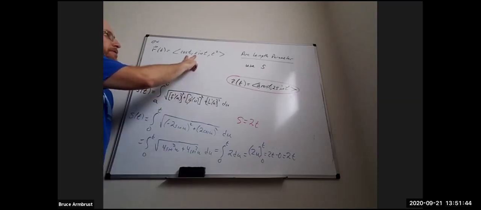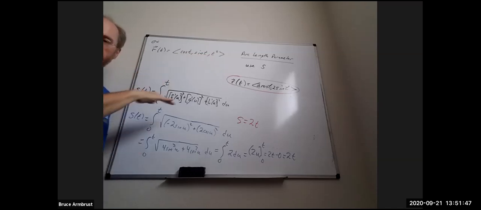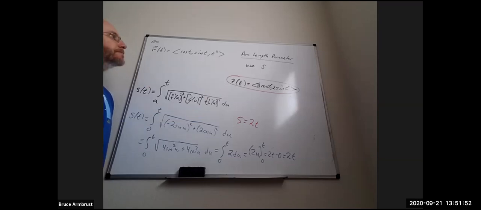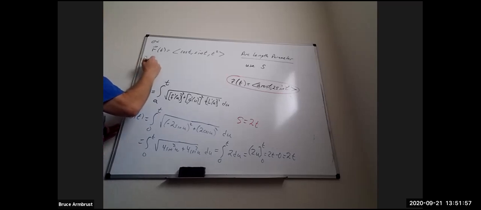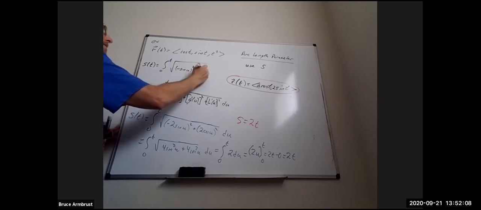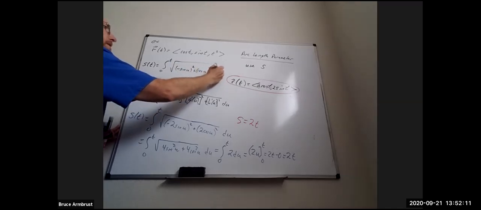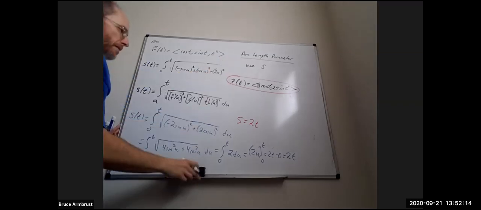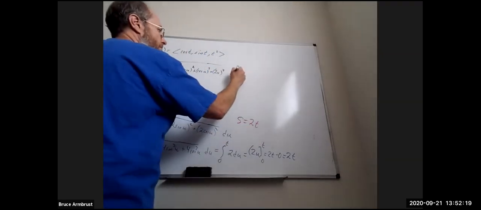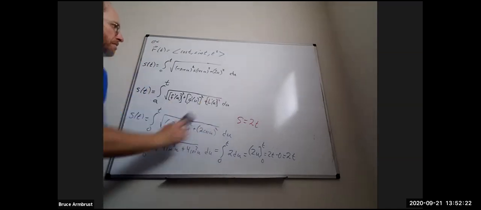So in the x and the y, we're just doing circles. And in the z, we're going out with t squared. So we're coming out, but we're stretching out as we go. Let's find the arc length parameter for this. So s of t, not a vector, is the integral from 0 to t of the square root of minus sine of u squared plus cosine u squared plus 2u squared du.